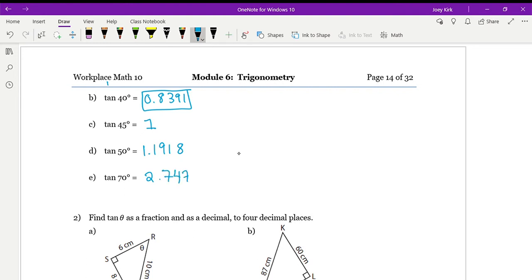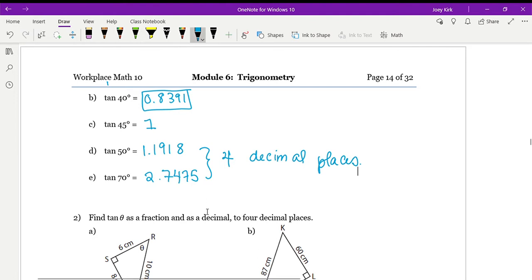And then please just remember 4 decimal places, okay? It's just a standard way of writing out tan, cos, and sine ratios. So 4 decimal places.